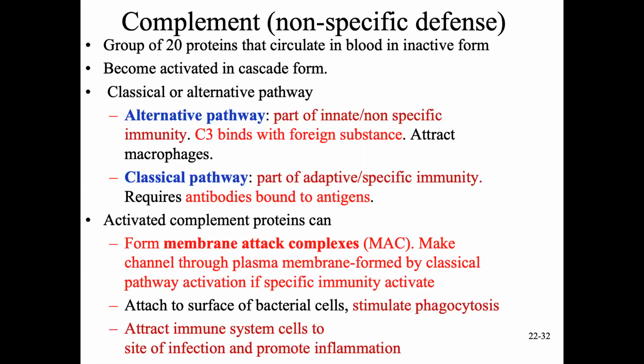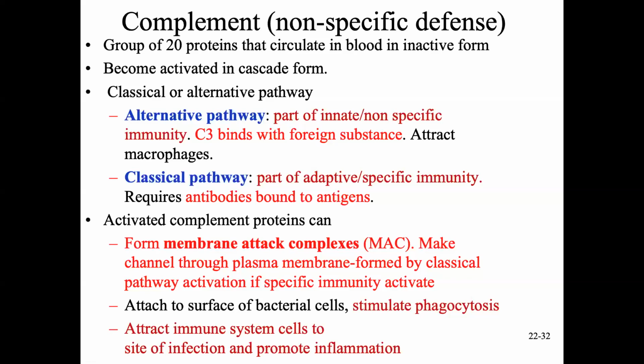What happens then is that you activate the classical pathway of complement, right? Now, it requires a first instance though. It requires a previous infection because once you've been exposed to that virus, you have stored up memory cells. Those memory cells produce antibodies. Those antibodies then bind with that virus or bacterium. As it binds to it, it activates the classical pathway.